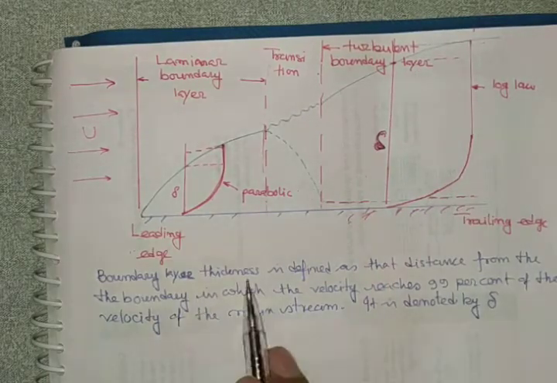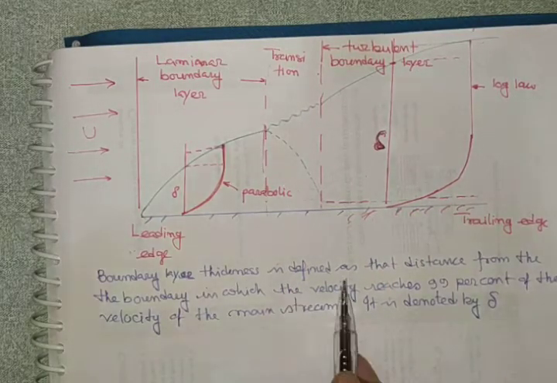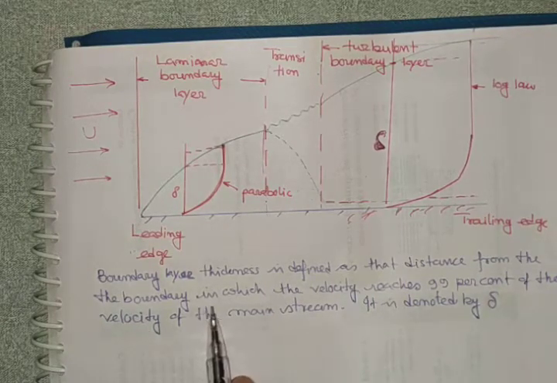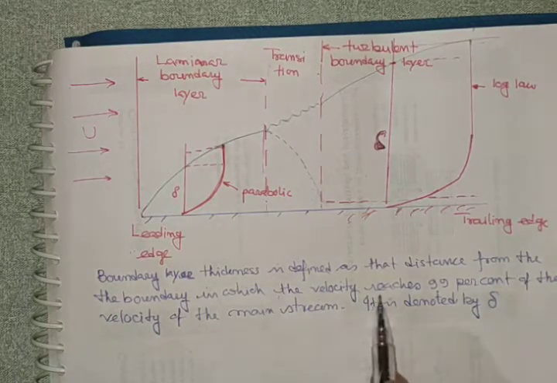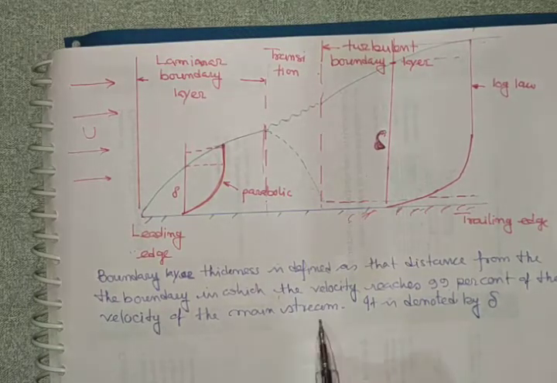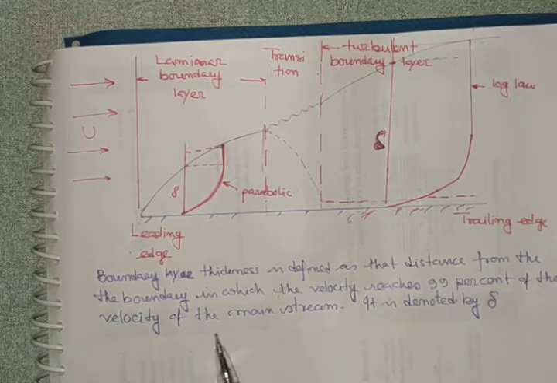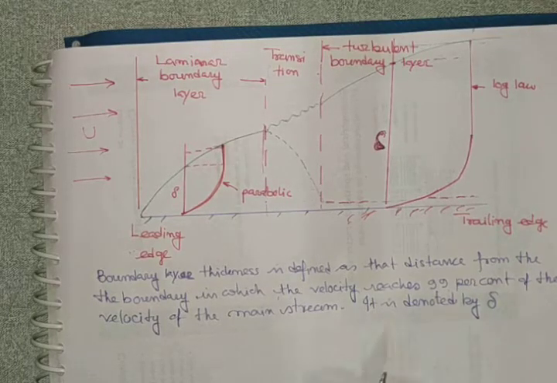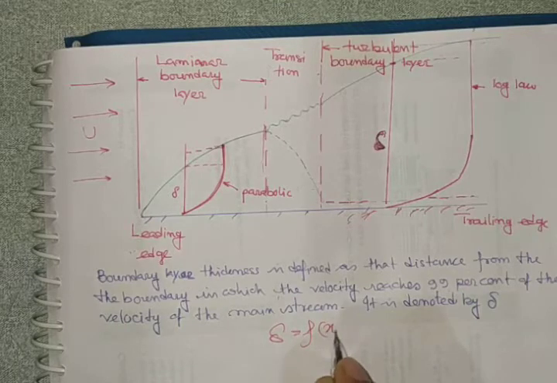So boundary layer thickness is defined as the distance from the boundary at which velocity reaches 99% of the velocity of the mainstream. It is denoted by delta. So your delta is a function of x.